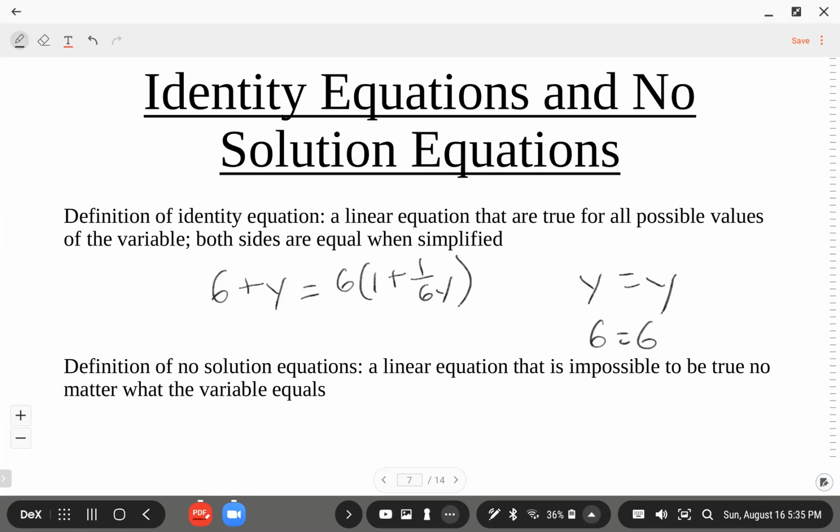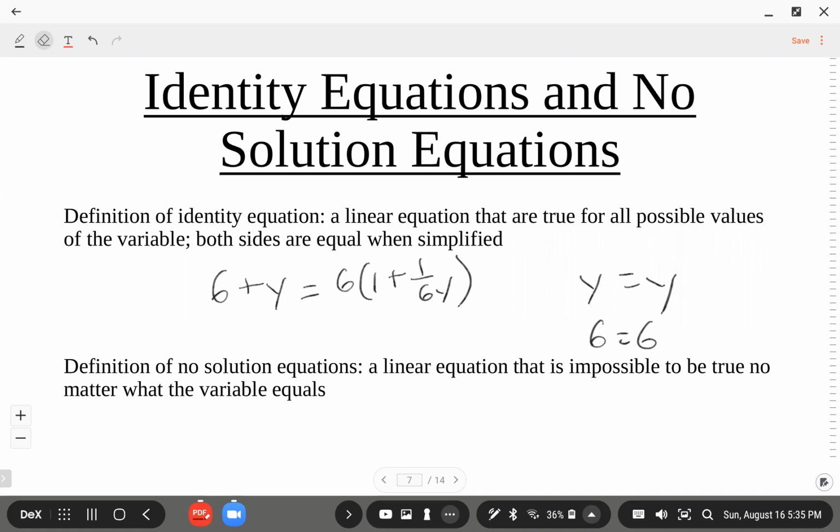Okay? So once you get down to the final step, you find out that both sides are equal to each other. They're identical. And then what is the solution if they're both identical to each other?